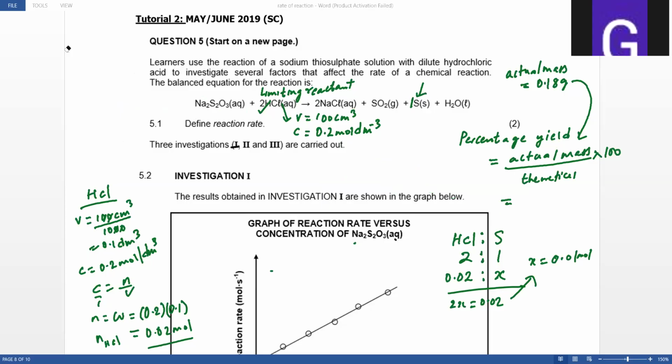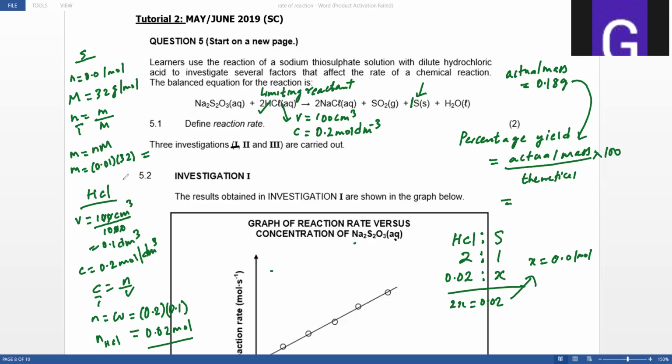Right now about sulfur, number of mole, it's 0.01. Molar mass of sulfur, it's 32 grams per mole. So number of mole is mass over the molar mass, that's over 1. Cross multiply, then the mass will be Nm, and what is the number of mole? 0.01 multiplied by 32.